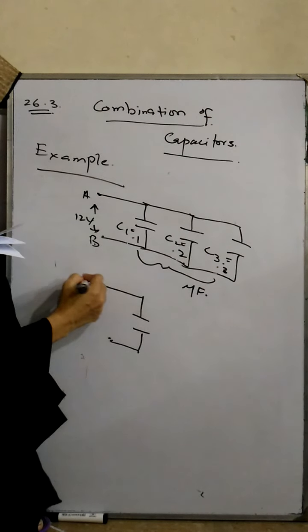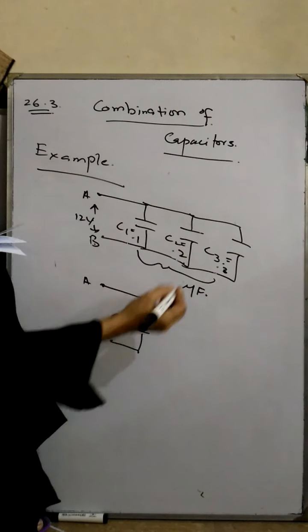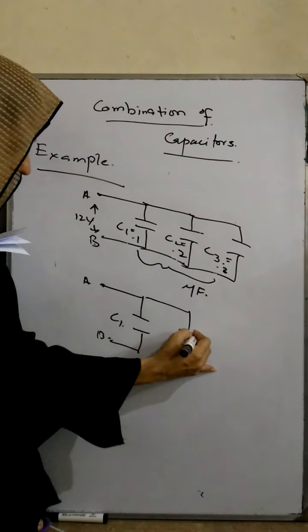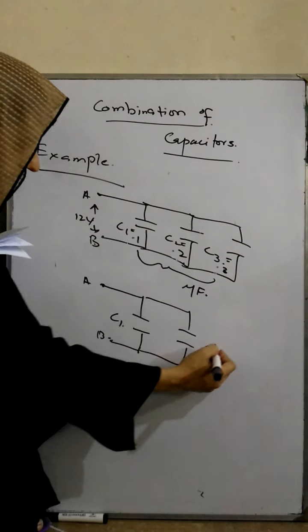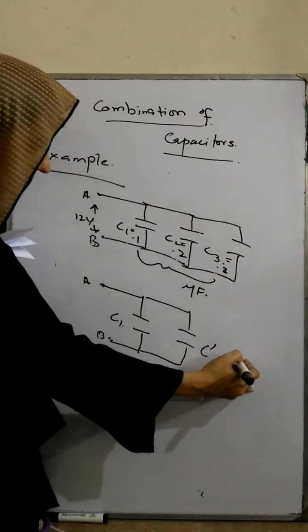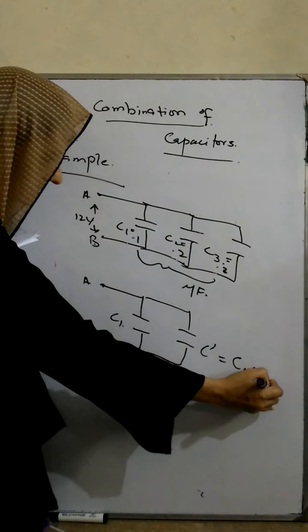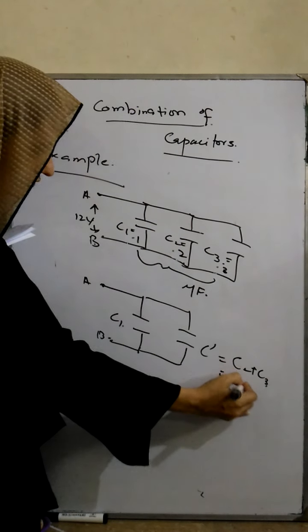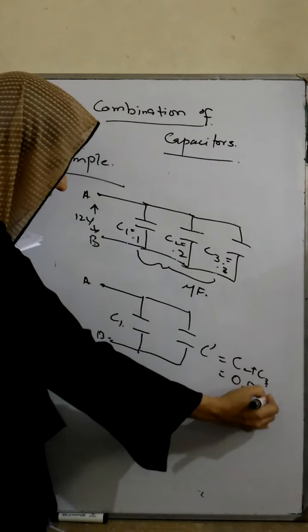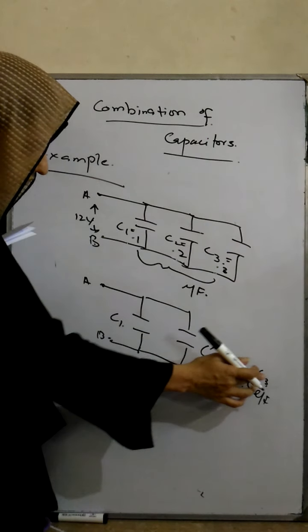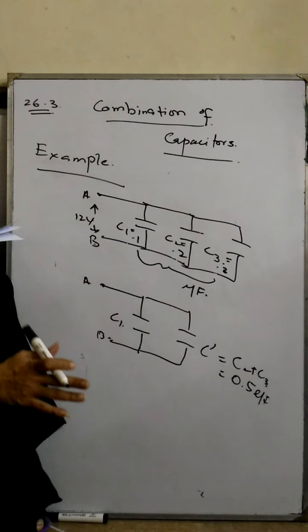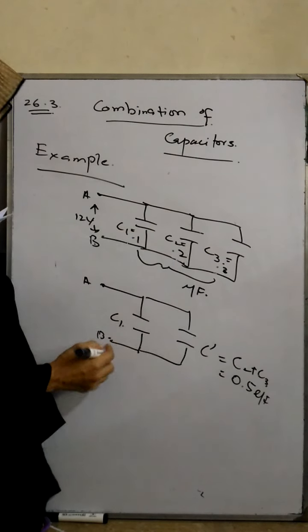This is A, B and C1. Let this be C prime, and C prime is C2 plus C3, which is equal to 0.5 microfarads. So C prime is C2 plus C3 and I am getting 0.5 microfarads.